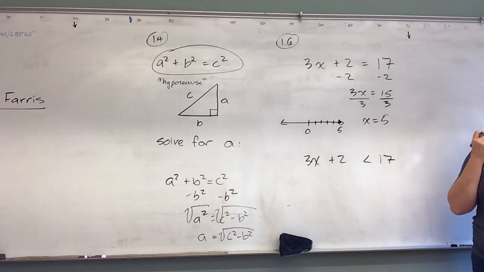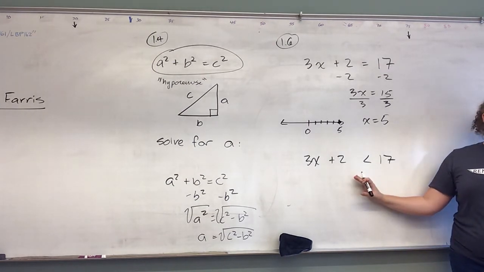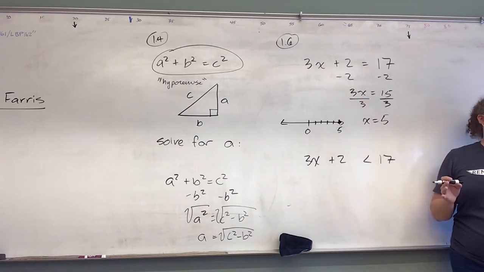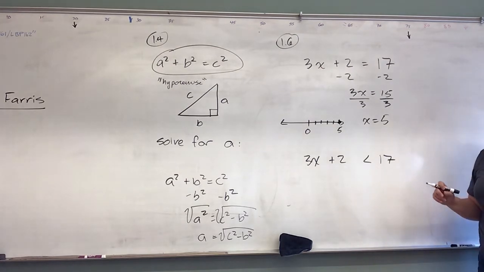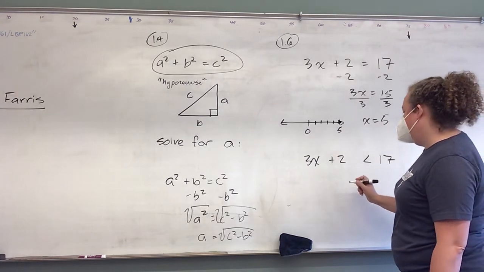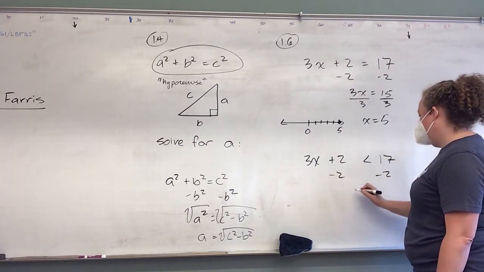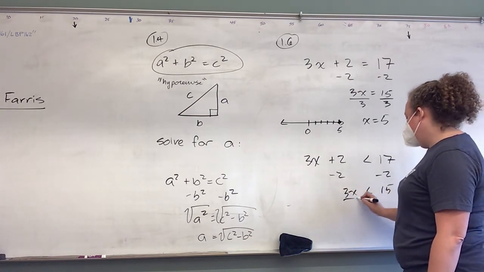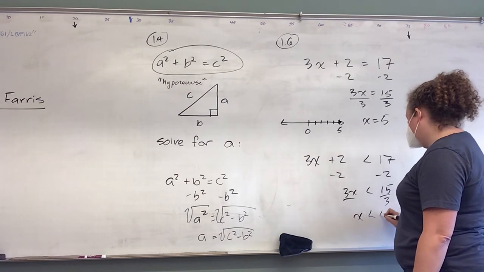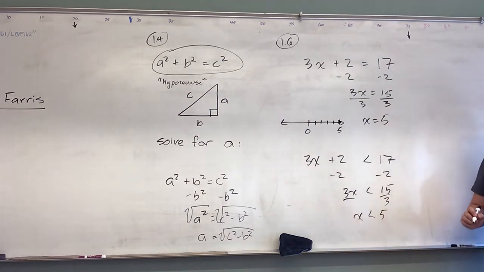Is my process of solving this going to be any different from solving it when it's an equation? I don't think so, cause I think you only change the sign when it's a negative number. That's right. So in this case, we would still subtract 2. We've got 3x is less than 15. We divide by 3. We have x is less than 5.